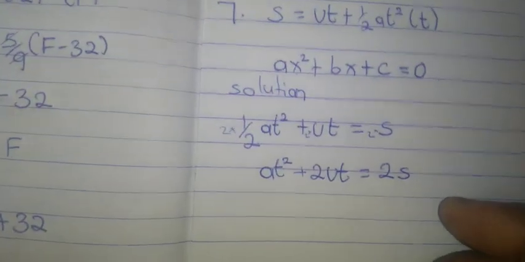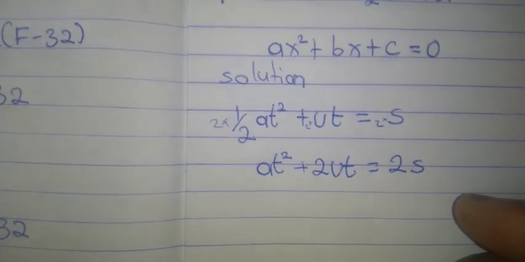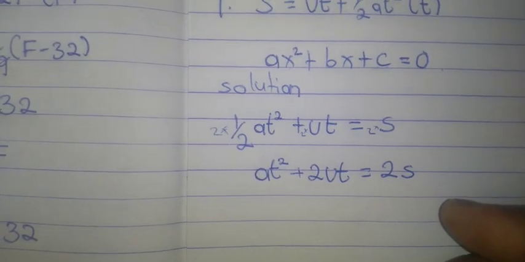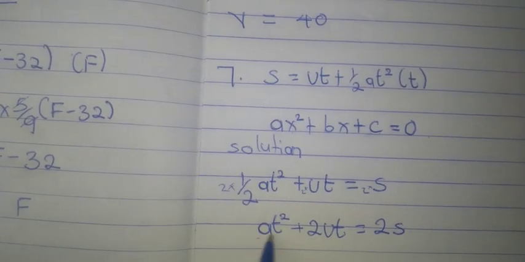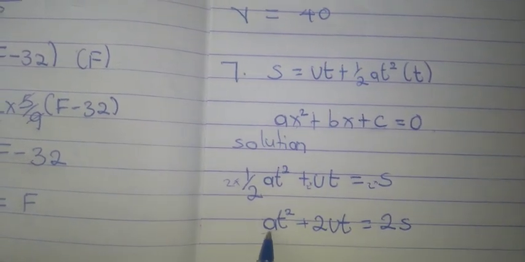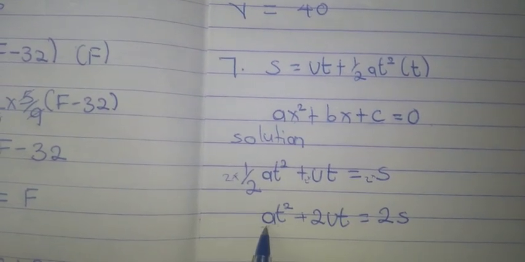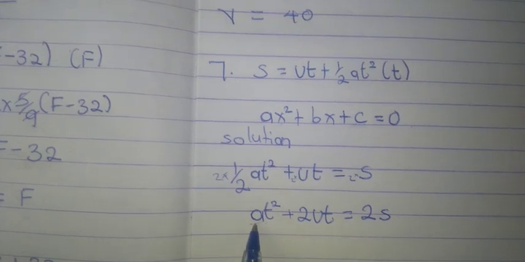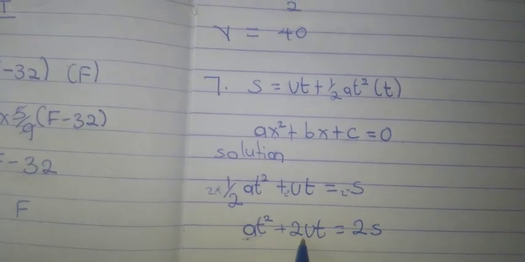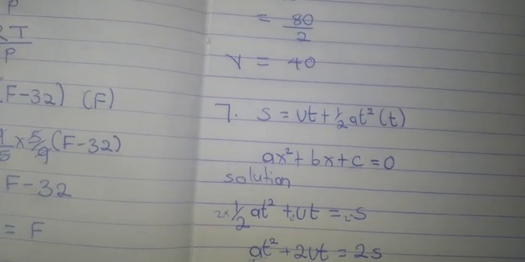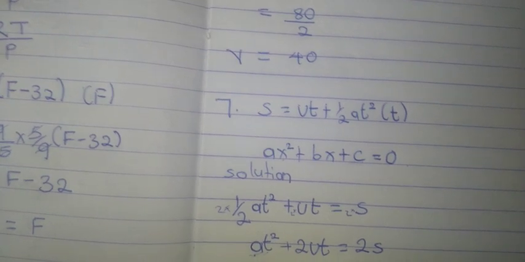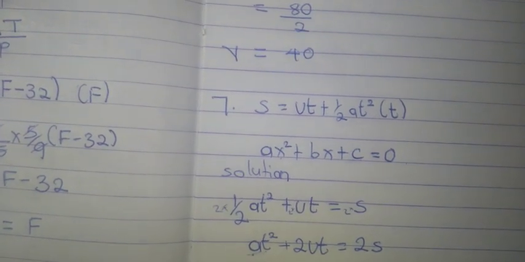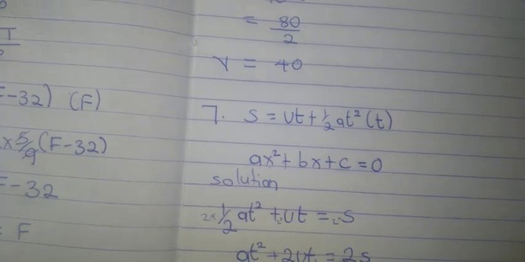But you remember, this quadratic equation is in terms of t. When we are completing squares, we make sure that the coefficient on the degree 2 term is 1. So by all means, I'll have to divide throughout by a, so that the coefficient on t squared is 1. That's how we complete squares.